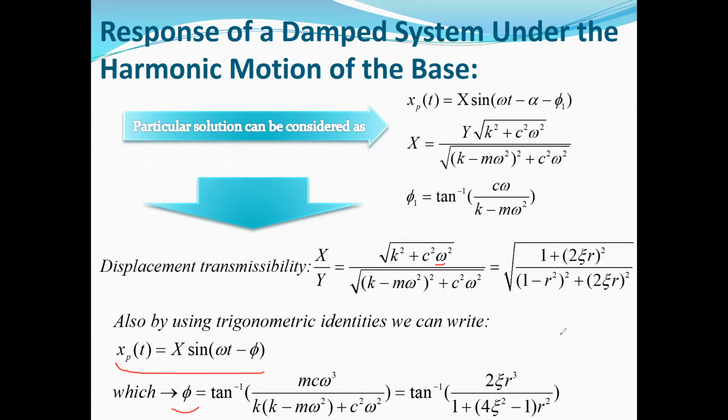So when you have the natural frequency of your system and the damping ratio, you can obtain the angle phase, and also the amplitude of your response as a function of these important parameters, because we have the frequency of the excitation, the frequency of your system, and the damping ratio. So you can write the response of your system to any type of excitation, loading, or base motion. Okay, any questions so far?